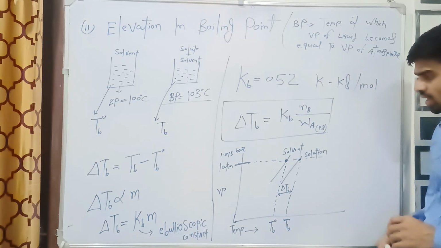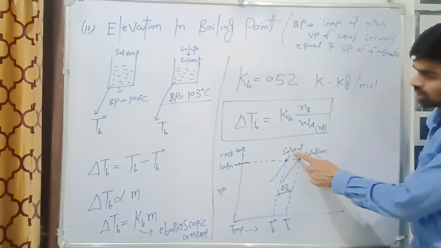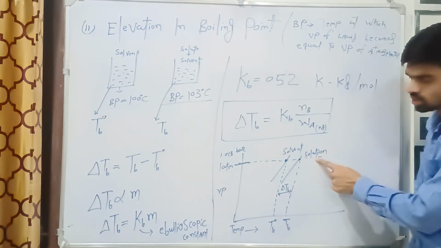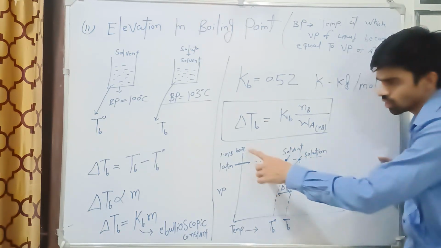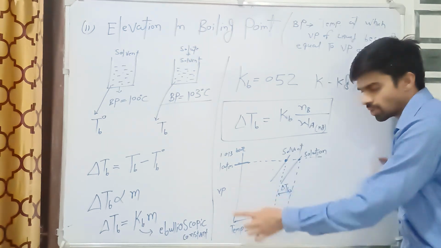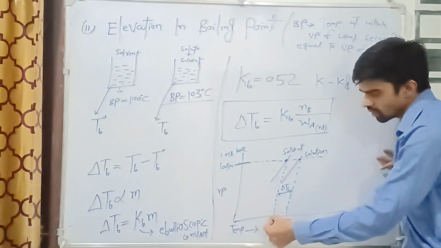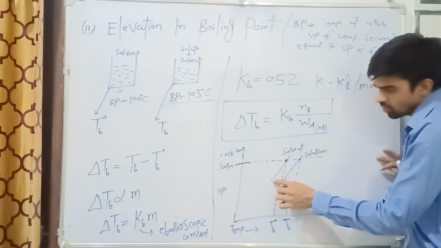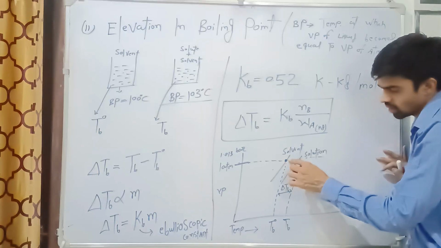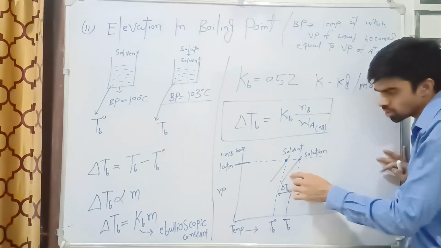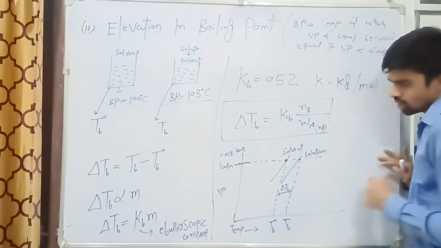Here you can see we have taken two, this is the solvent and this is the solution, and we are drawing the graph between vapor pressure and temperature. Now you can see when we are increasing the temperature, the vapor pressure of solvent is increasing. At the same time, the vapor pressure of solution is also increasing.